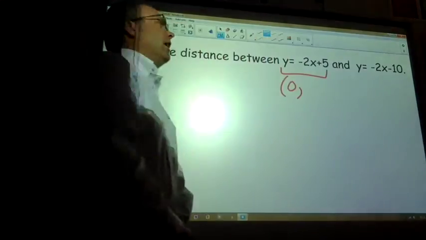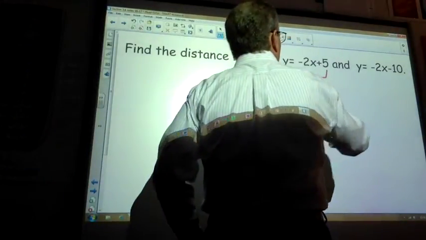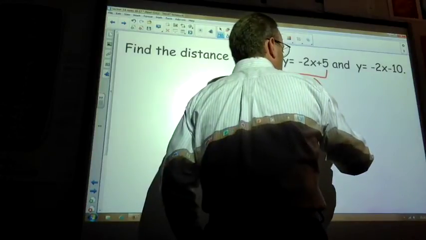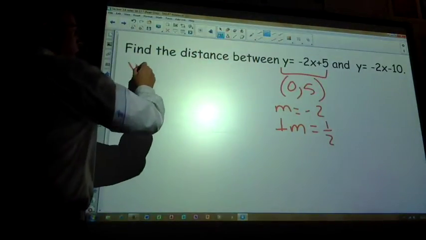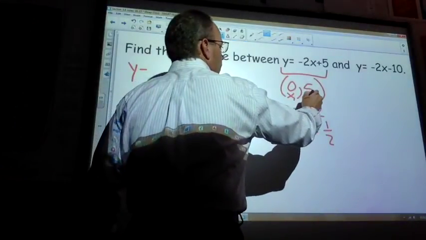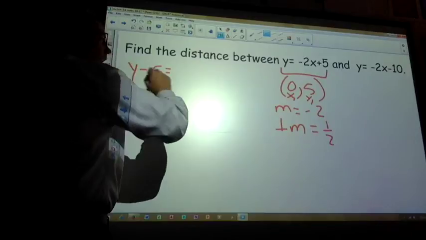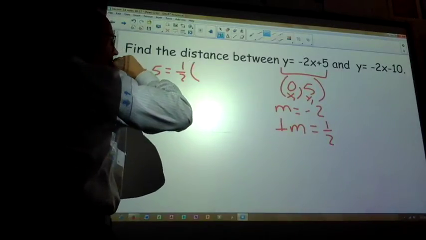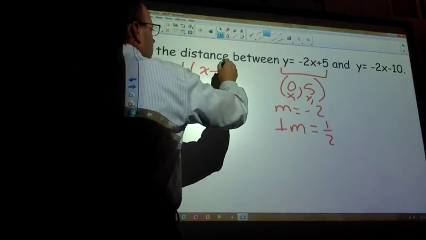If I plug 0 in for x, what do I get for y? 5. The slope of this is negative 2, so the perpendicular slope is half. So I get y minus 5 equals 1/2 times x minus x1, where this is x1, y1.